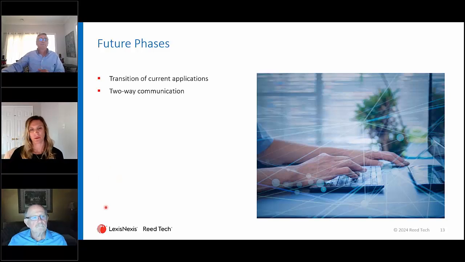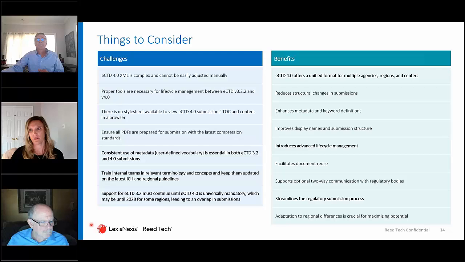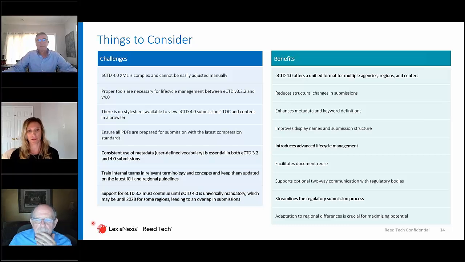Okay, great. So as Jim mentioned, there are a few things to consider as we move forward in this implementation, some challenges and some benefits. Obviously, as Jim mentioned, streamlining the regulatory submission process is beneficial both to the reviewers as well as the sponsors, from both the time and cost savings. It will also advance lifecycle management and help streamline that process.